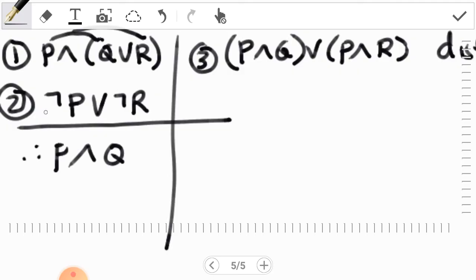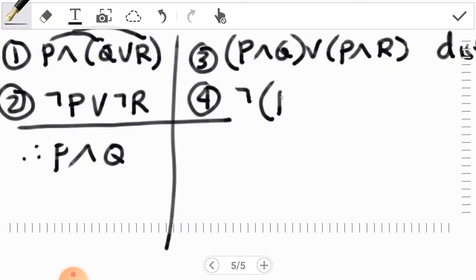Let's look at the second premise. What do we have in the second premise? We have not P or not R. Quite similar to this one, we have P and R. So how do we get a P and R expression here? Look at this. If we use De Morgan's rule in premise number 2, we can bring out the negation connective.